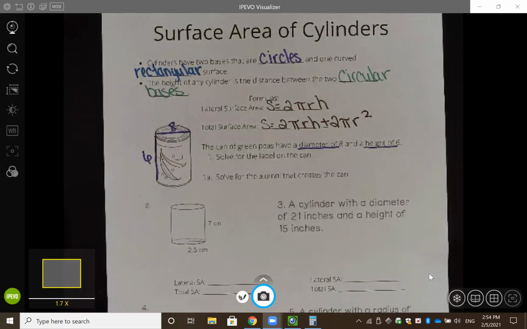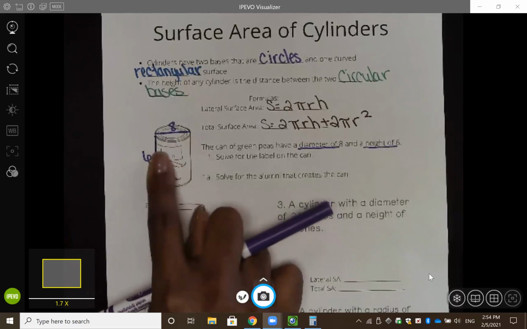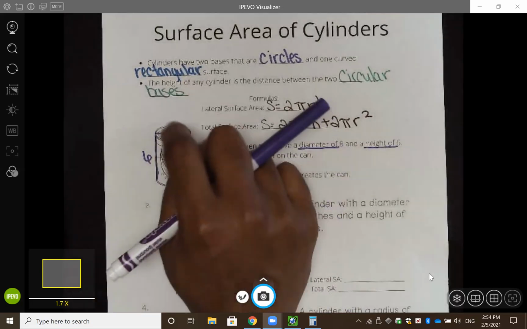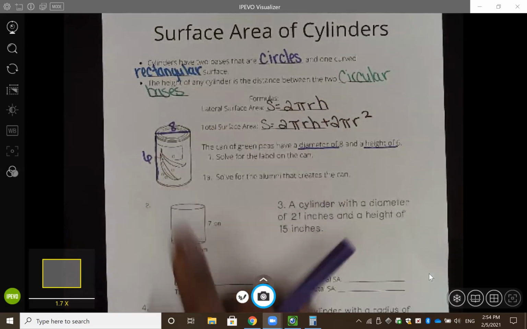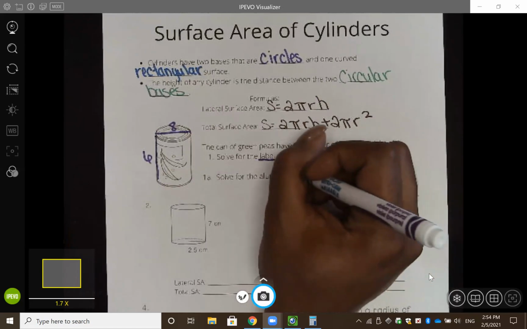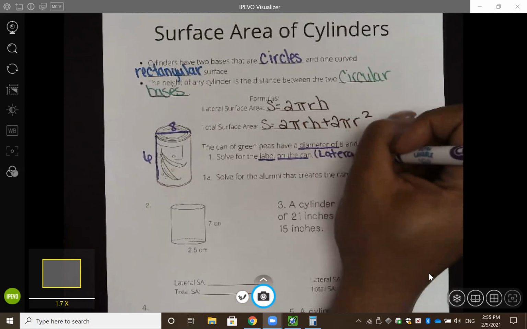Solve for the label of the can. If you had a can, you would notice that the label just goes around the outside, the rectangular part. The label or your paper is not on the top of the can or the bottom of the can. So if you're solving for the label on the can, that is lateral surface area.